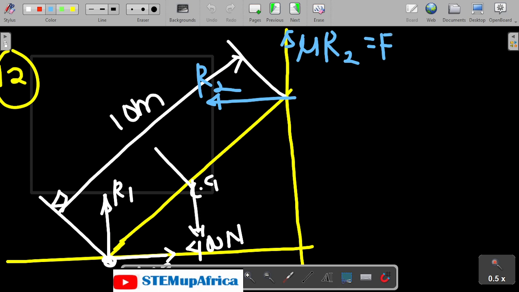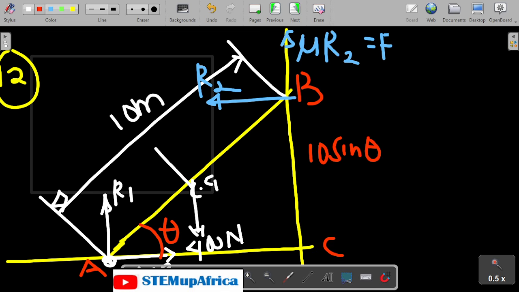By merely looking at this ladder, you know there's an angle here. Let's call it theta. Let me call the points A, B, and C. If I apply the concept of SOHCAHTOA, BC, opposite over hypotenuse, will give us 10 sine theta.